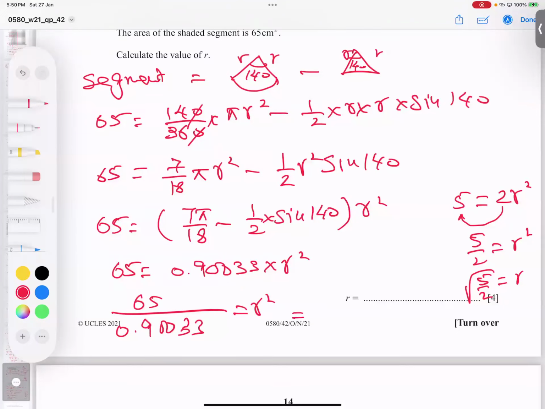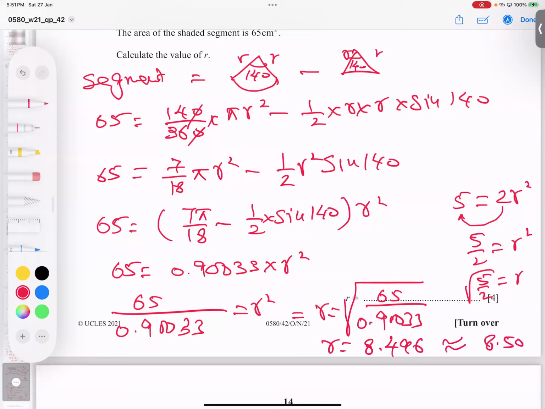Now I will take a root of the whole thing. Okay, now I'm typing 65 divided by 0.90033, and taking the root of the whole, and the answer turns out to be r equals 8.496. After rounding, 8.50. So Alhamdulillah Rabbil Alameen, I believe the point is very, very clear.